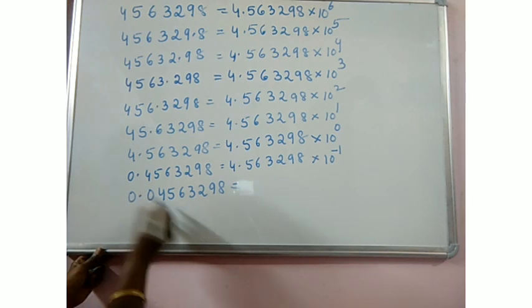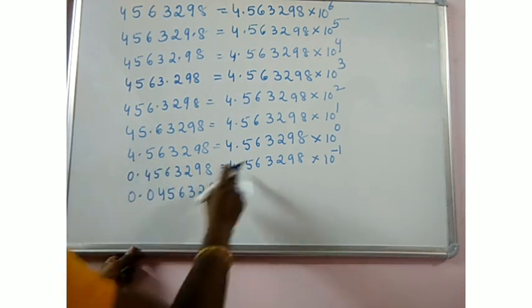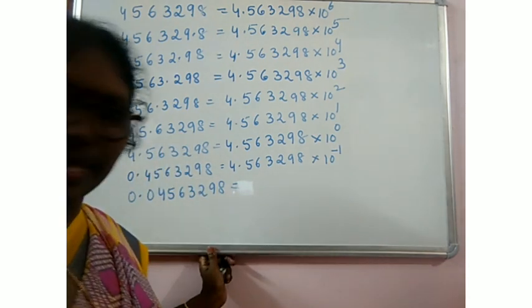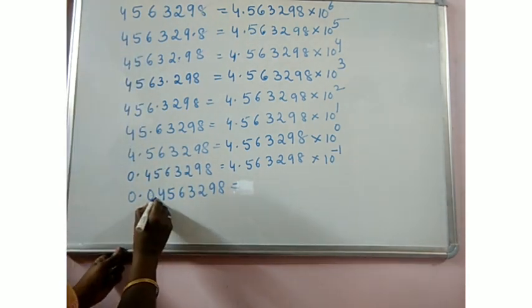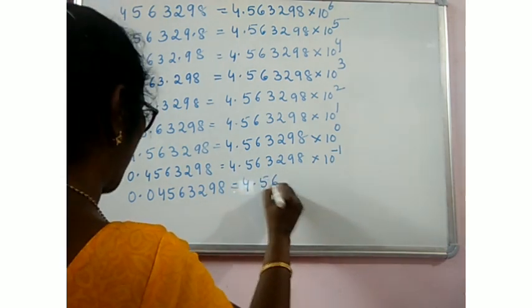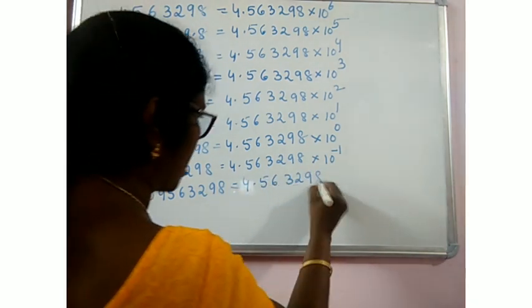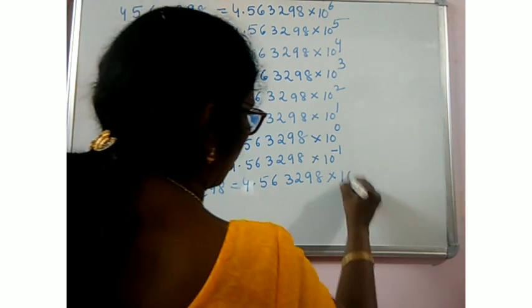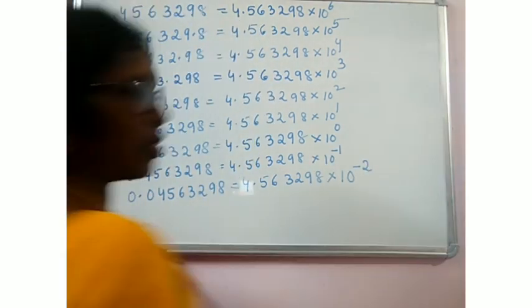In the same way, if it is 0.04563298, I told you the decimal is to be after one non-zero digit. So we put 4.563298 into, since the decimal moves 2 places from left to right, 10 to the power minus 2.